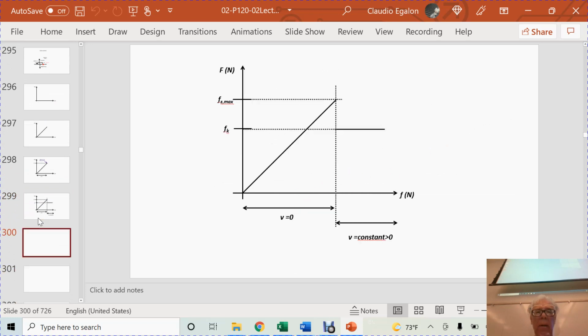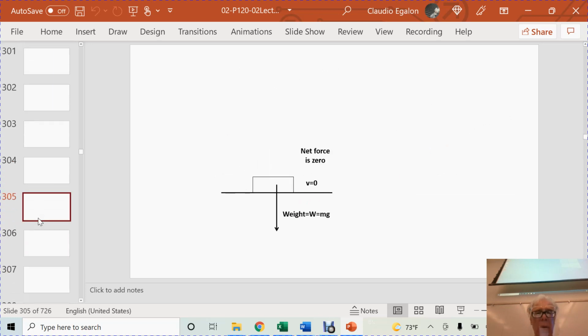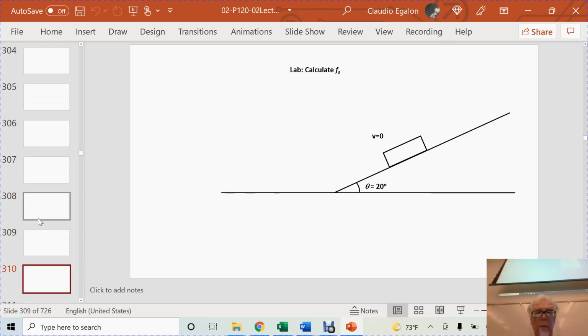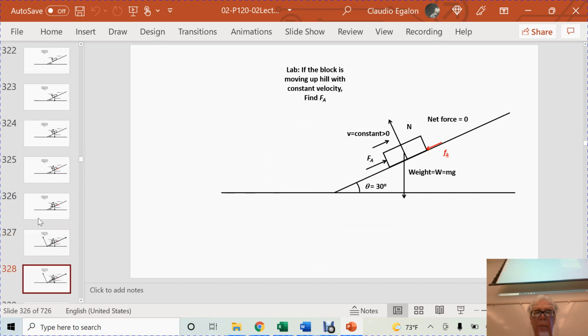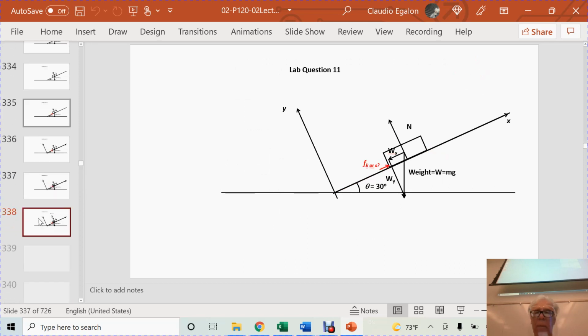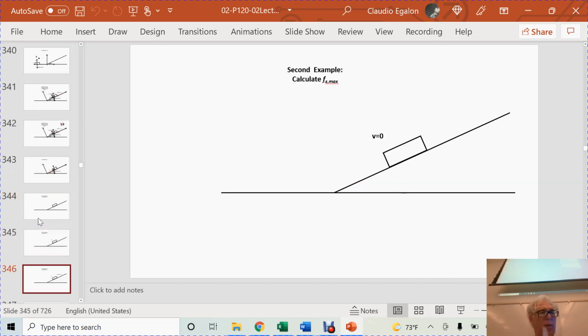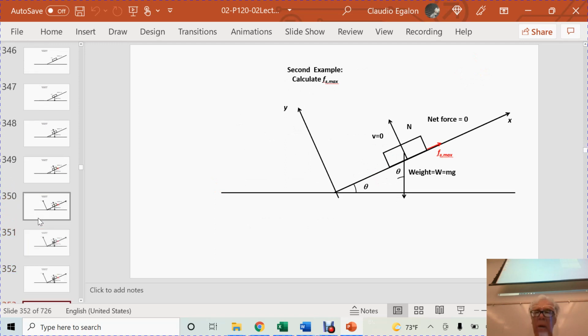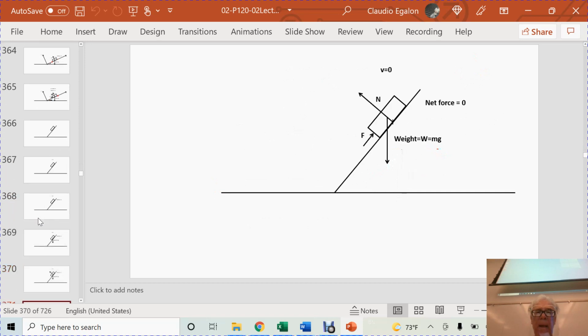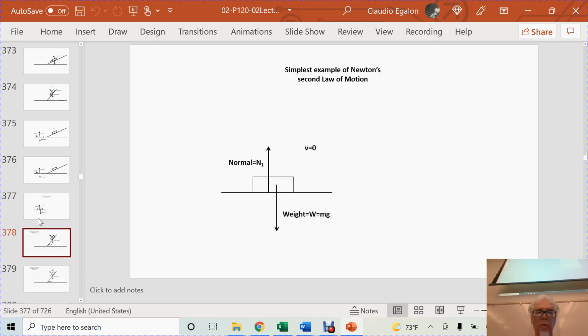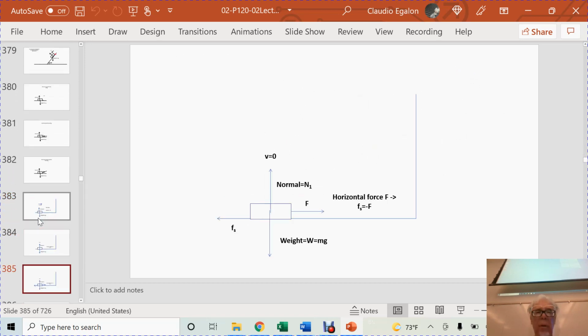I showed that to you. Those are other types of examples that we have out there. Now we're going to apply Newton's law of motion for circular motion.